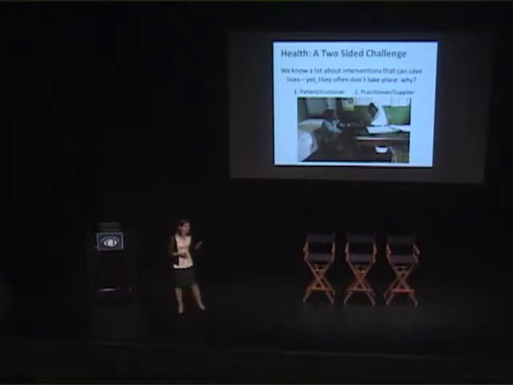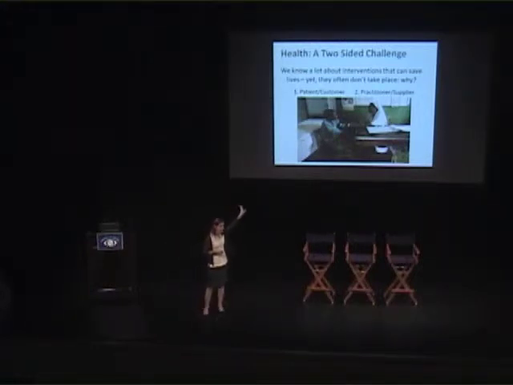Now, a lot of people actually don't use these things that we know work. So we call this the last mile problem. So a lot of the questions we try to answer revolve around this, and there are potential reasons for that, both on the supply side. So maybe it's an access problem, maybe it's a problem of corruption in the health system, or it could also be on the demand side.